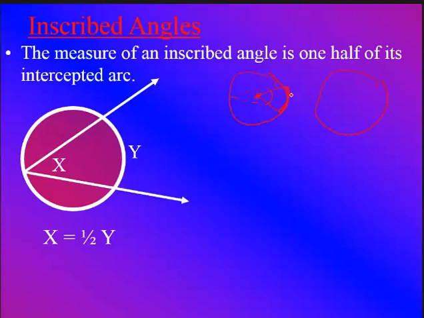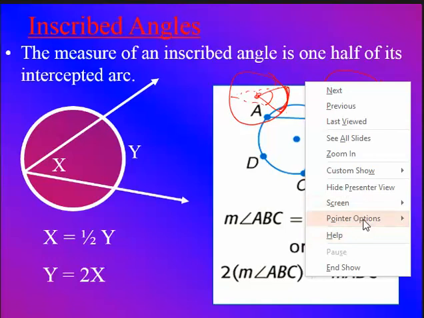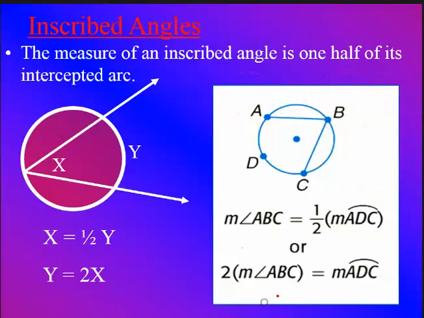So in this picture, x is going to equal half of y. Or you could say y equals twice x. Remember, you can say it either way. Okay, so let me erase my drawings here. I know I get carried away. I like to mark up stuff. So in this picture, the measure of angle ABC, this angle right here, is going to be half of this arc, ADC.